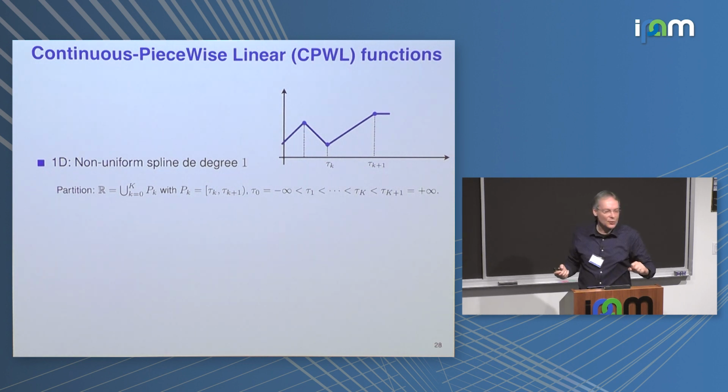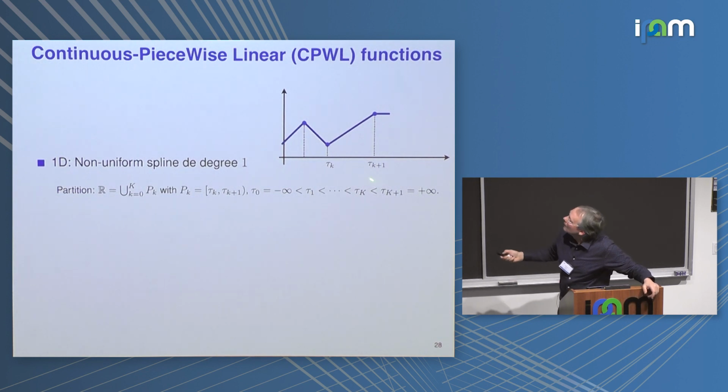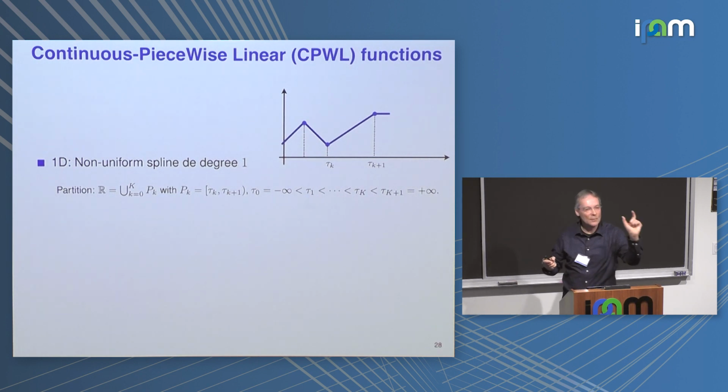So what's the relation with splines? What is a continuous piecewise linear function? This is a continuous piecewise linear function. It's a spline of degree 1. How can you describe it? First of all, there are some knots, so we can form a partition of the axis, with each interval between two knots.